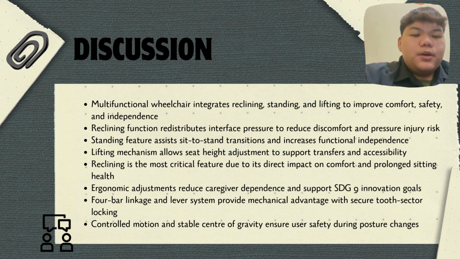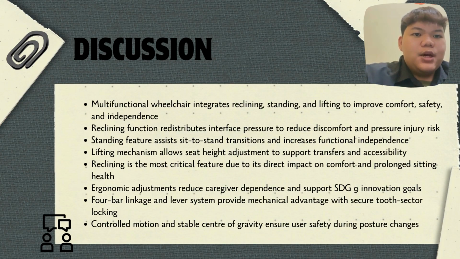Furthermore, the working principle of the wheelchair relies on a complex 4-bar linkage system combined with specialized lever mechanisms to facilitate movement. To manage the seat and footrest adjustments, a tooth sector locking system is implemented.